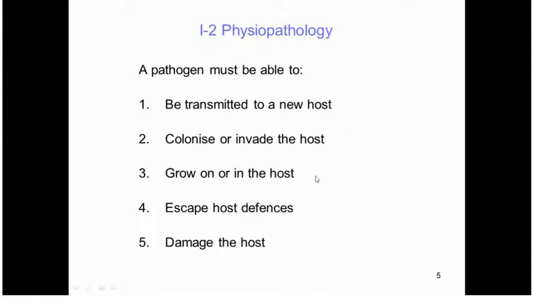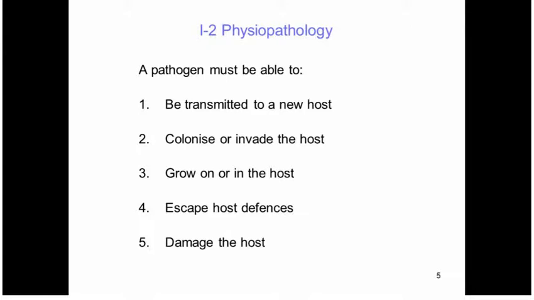So 1, 2, and 3 here. These are to do with the ID50 and being able to transmit to a new host. 4 and 5 are going to be related to pathogenicity: whether the bacterium can escape host defenses and can actually do something that will directly damage the host. 3, maybe 3, 4, and 5, there's a bit of an overlap here.